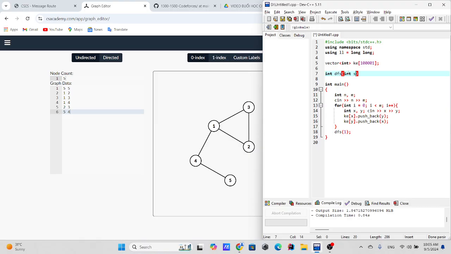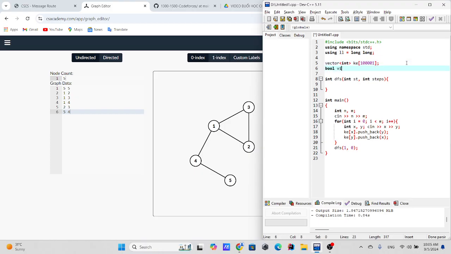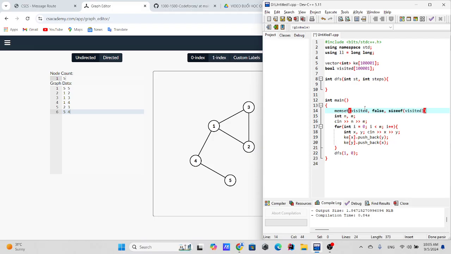The starting point and the number of steps, and zero. Let's also use a bool visited. Memset it to false. Visited false and size of visited. All right.